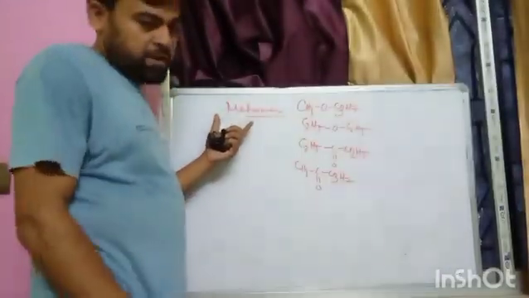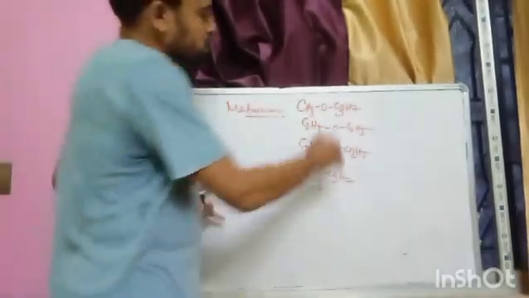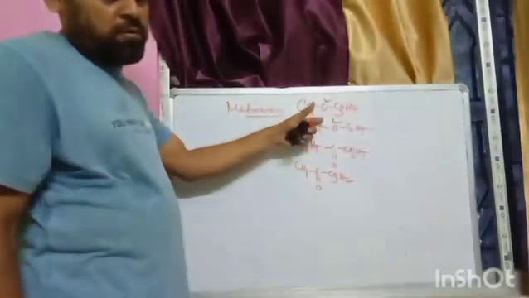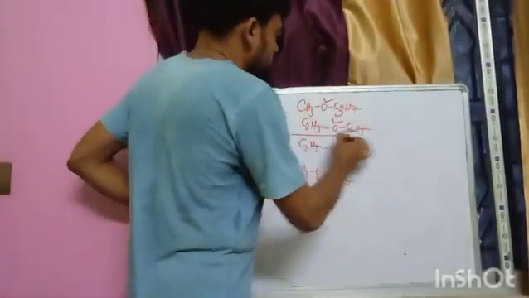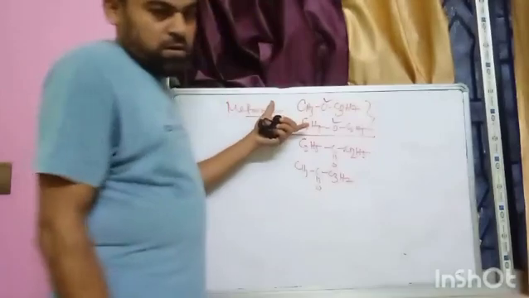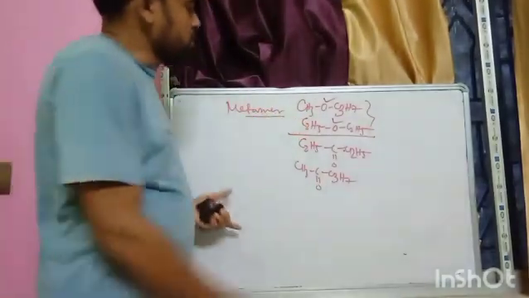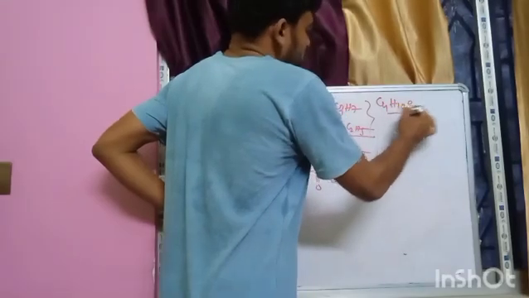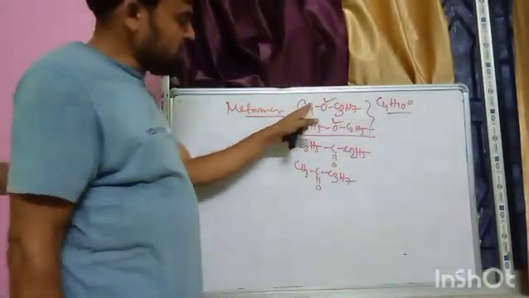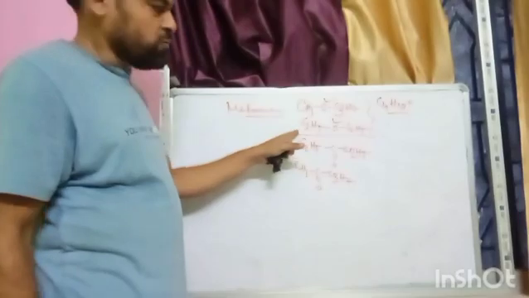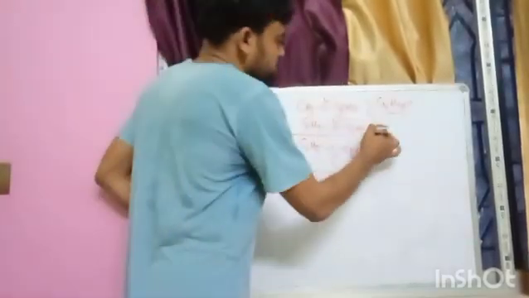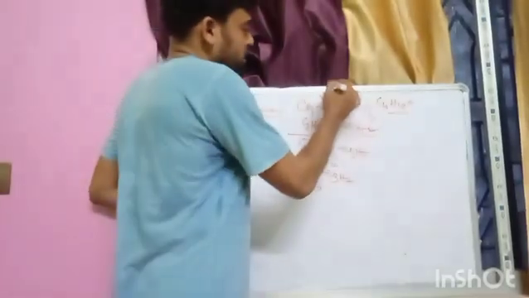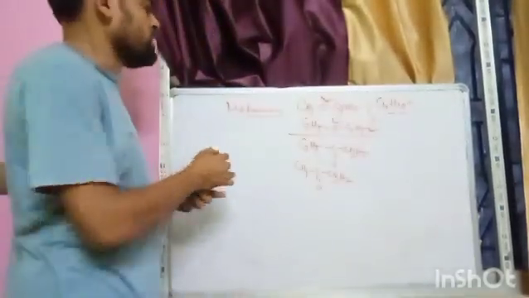Metamer means the functional group is the same, here ether and that is ether, and the molecular formula is the same, that is C4H10O, and another is C4H10O. But it is similar on both sides in one, and not similar in the other. It is an asymmetrical structure.